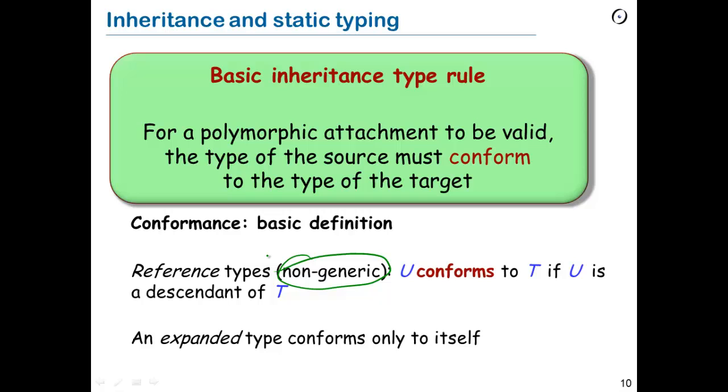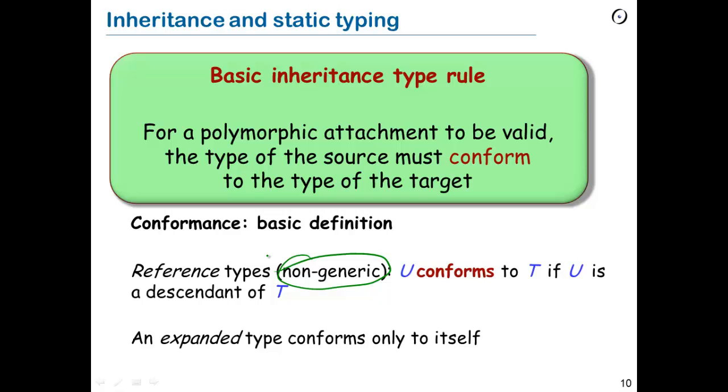Now, remember that we have two kinds of types, reference and expanded, and please remind yourselves of what the difference between reference and expanded types is. Well, a reference type has values that are references, enabling sharing. An expanded type has values that are objects directly.